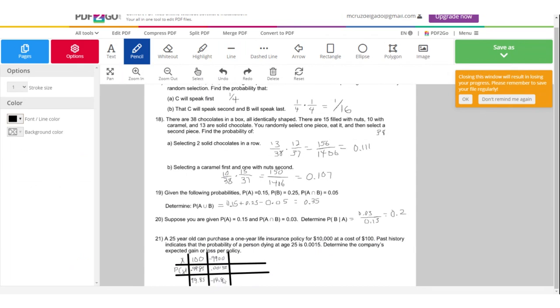And then what we have to do, just like the expected value or the mean, is add those two up. So it's going to be $85. So on the average, they're making $85 per policy.